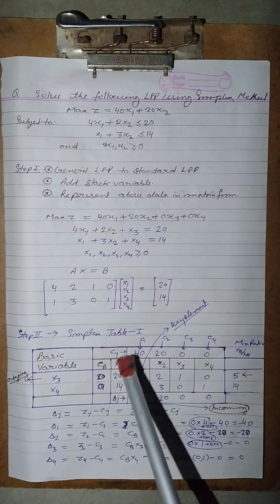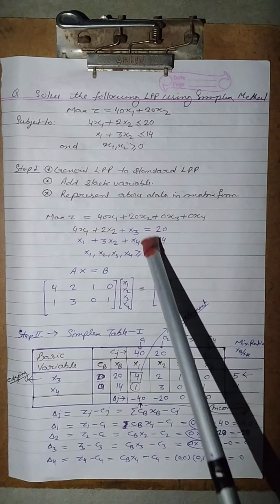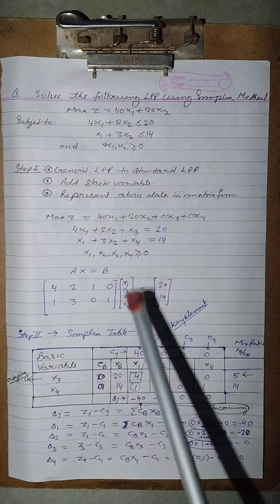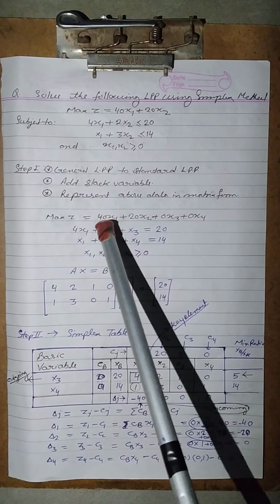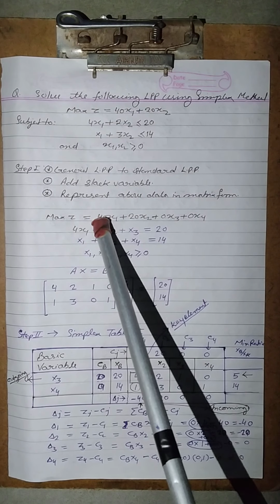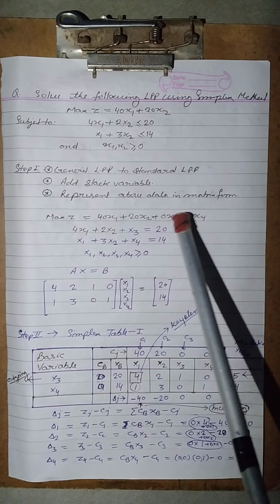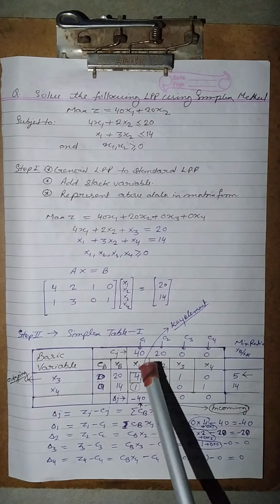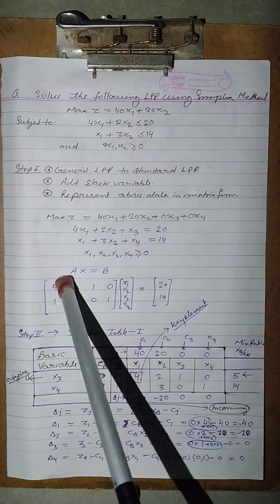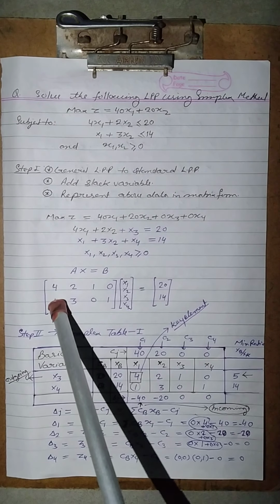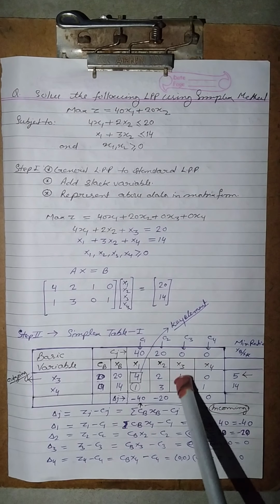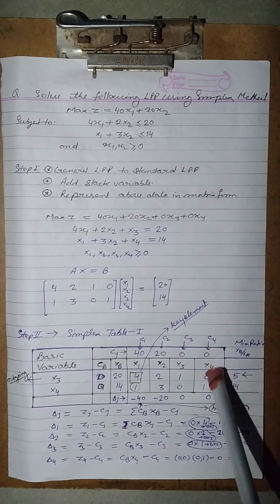In column XB we have 20 and 40, and in Cj we have the coefficients of max Z: 40 is C1, 20 is C2, 0 is C3, and 0 is C4. The first column x1 is 4 and 1, the second column x2 is 2 and 3, the third column x3 is 1 and 0, and the fourth column x4 is 0 and 1.